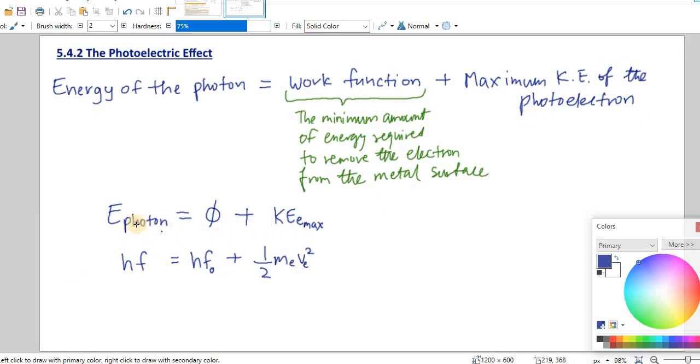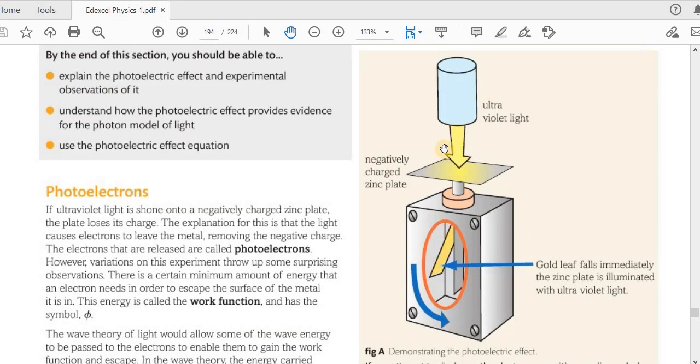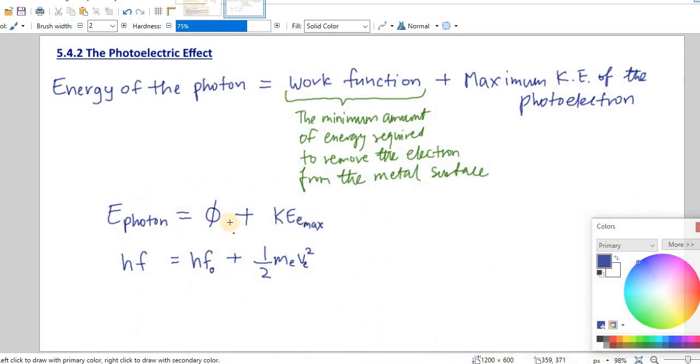This is the equation. So what happens is, according to the law of conservation of energy, energy cannot be created or destroyed. That means the energy of the photon that falls onto this metal surface is absorbed by the electron, and part of that energy is used to remove the electron from the metal surface, because the electron is in the metallic bond, so there is some energy required to remove it.